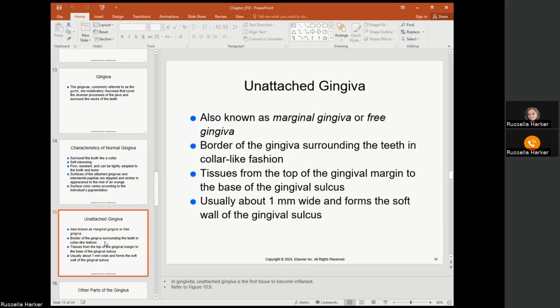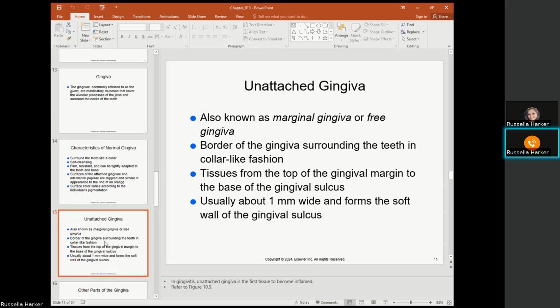Unattached gingiva, also known as marginal gingiva or free gingiva, is the border of the gingiva surrounding the teeth in a collar-like fashion. So the tissues from the top of the gingival margin to the base of the gingival sulcus. The gingival sulcus is the area around the tooth of the gingiva that is unattached.